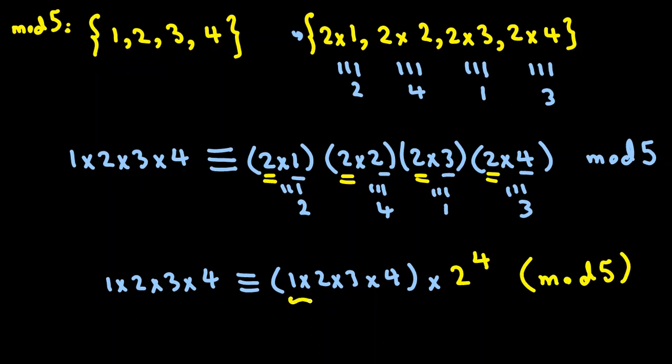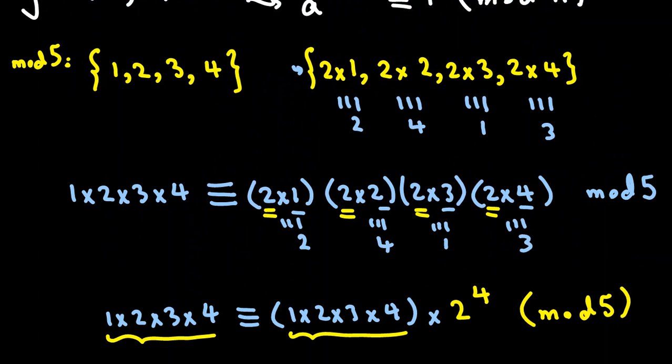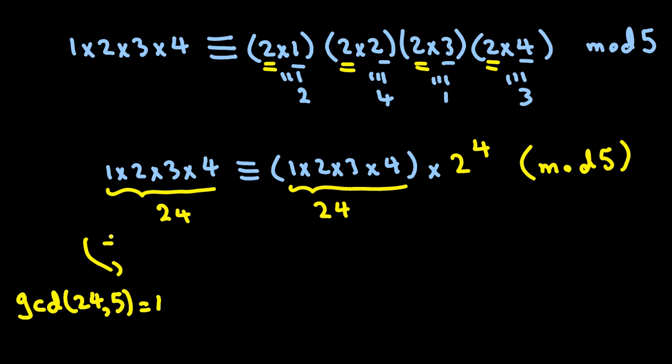You can see, okay, this part is 24. Since GCD of 24 and 5 is 1, you can divide both sides by 24.